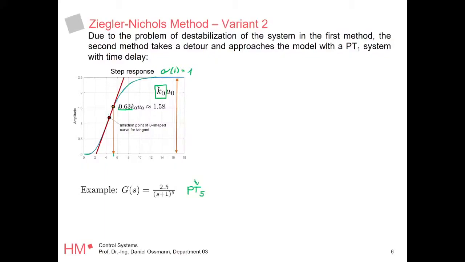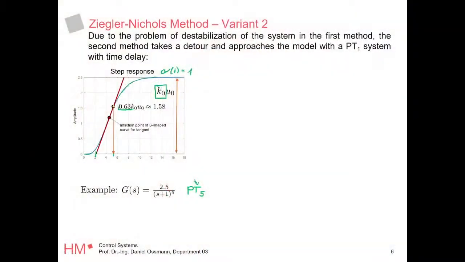So zum Wendepunkt und dann Tangente eintragen. Where the tangent cuts your x-axis, you note the second time, and you already kind of should realize where this thing is heading to. 63% immediately rings a bell with a PT1 system, right?